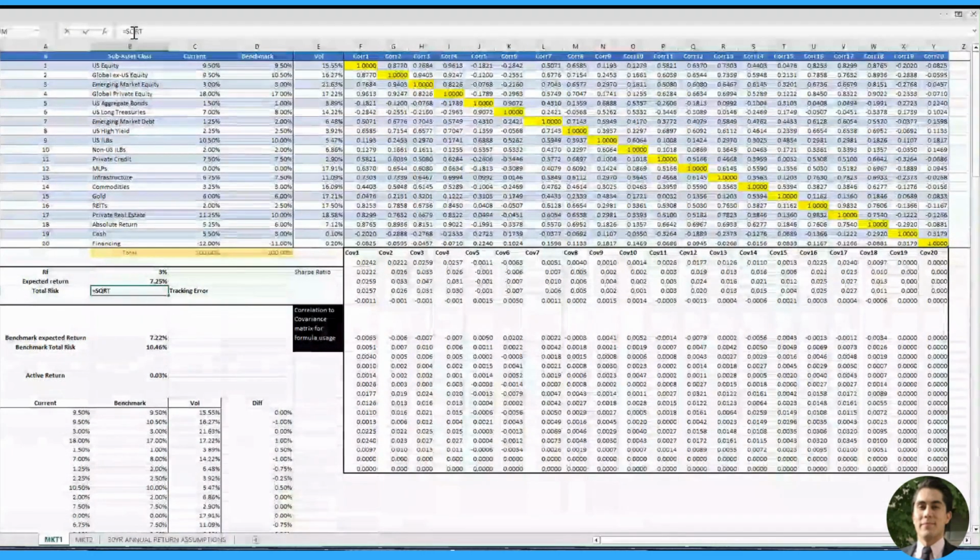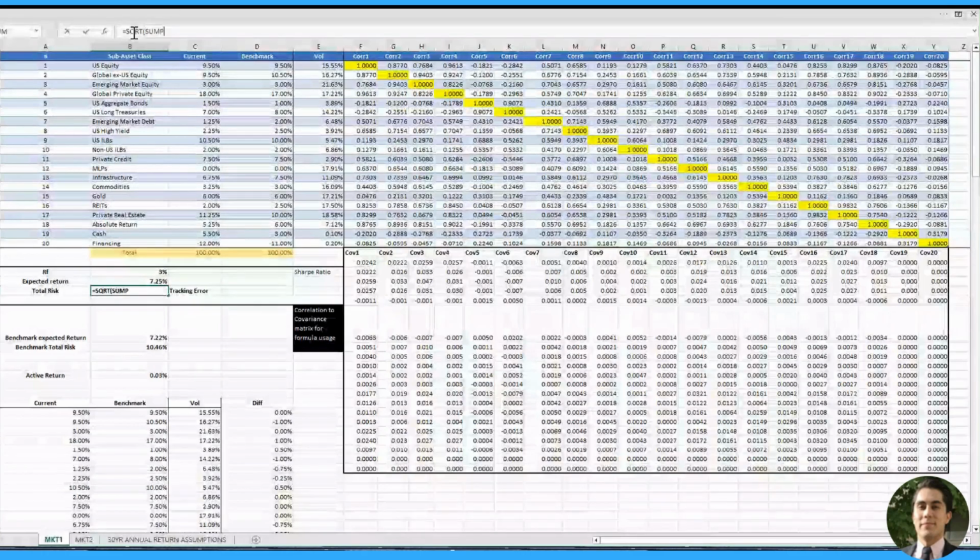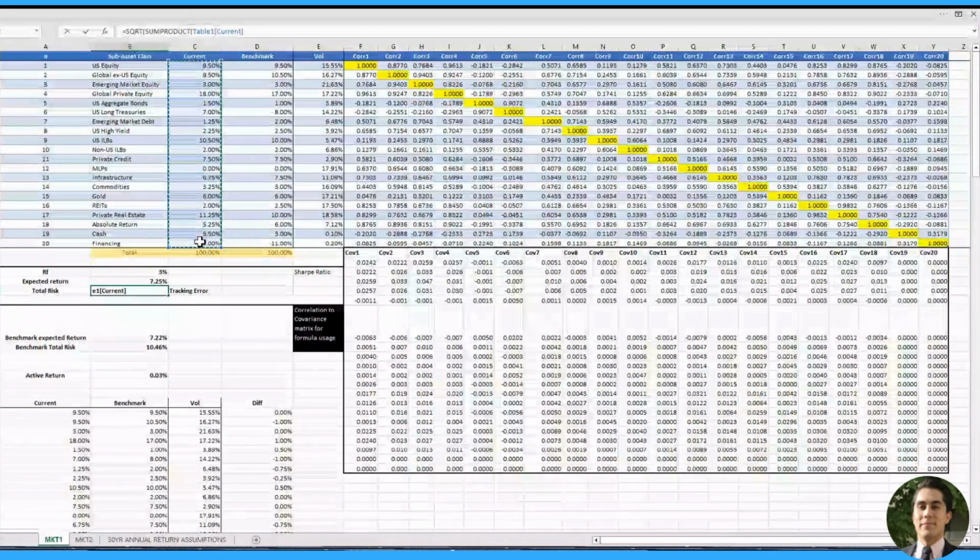So let's start again. Root times the sum product of the weights of the portfolio. We can just grab them as an array.